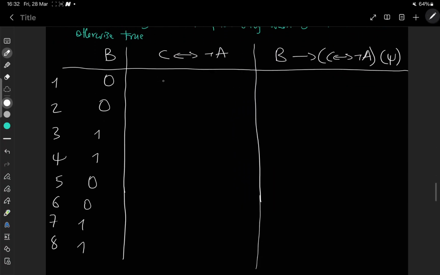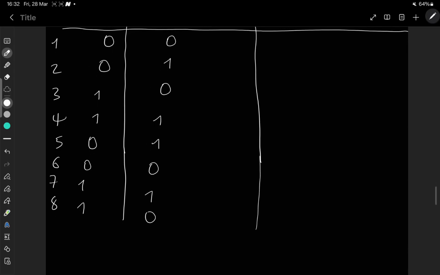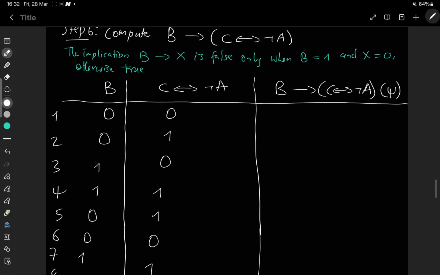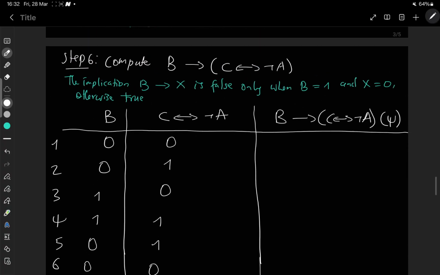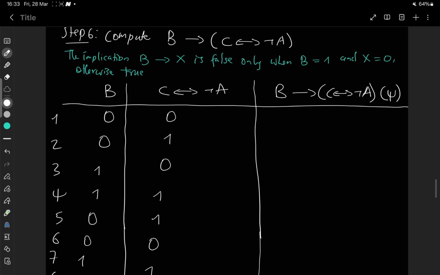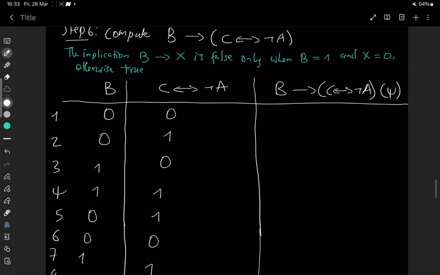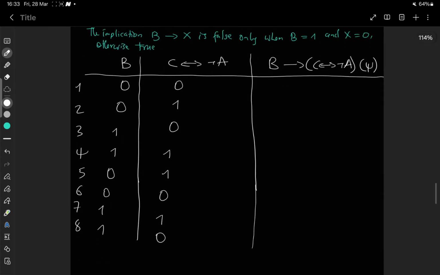So that gives us 0, 1, 0, 1, 1, 0, 1, 0. So we apply this rule here. The rule states that B implying X is only false when B is 1 and X is equal to 0.